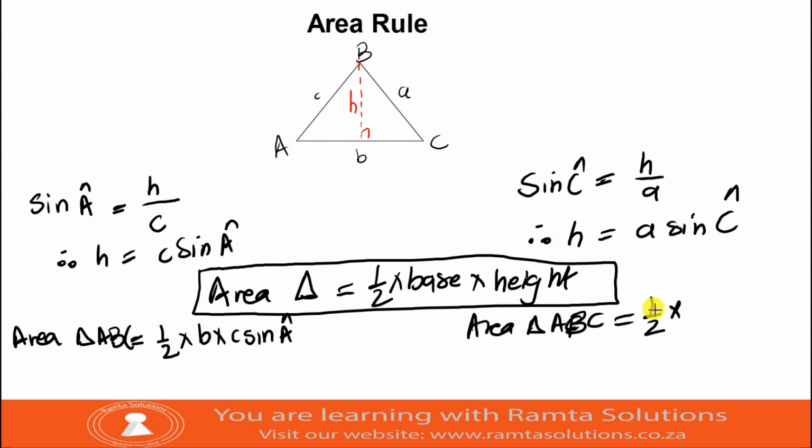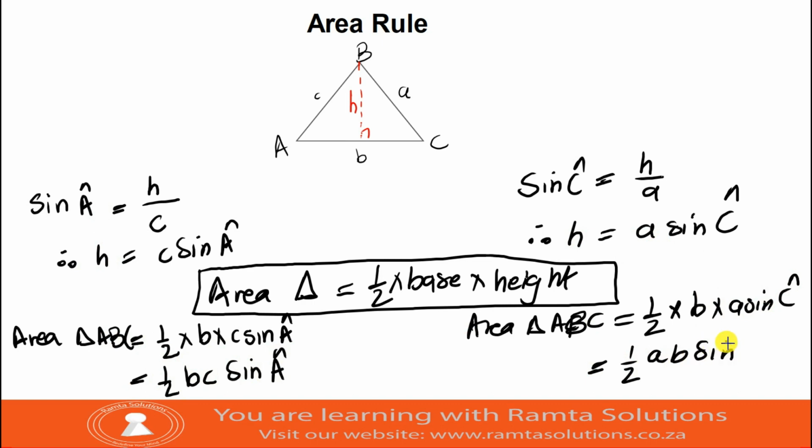Again, we still say the base is B, and our height we said is A sine angle C. So this therefore means our area when we're using angle A is half BC sine angle A. And when we're using angle C, our area is half AB sine angle C. Okay?